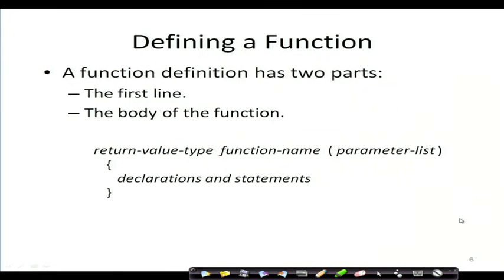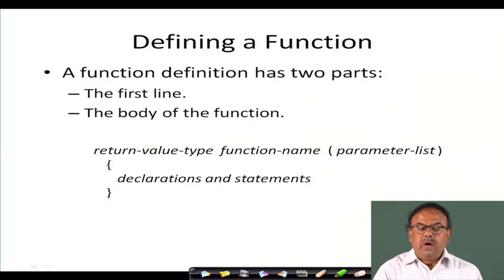Now, defining a function. Till now I was trying to explain some things. Now we are looking at the syntactic details of a C function. That can vary from language to language, but more or less the ideas are the same.